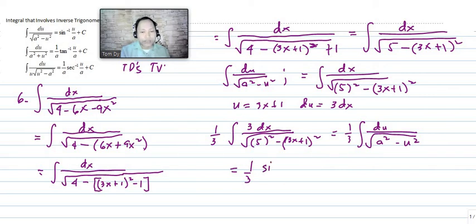So arc sine of u over a, our u equals 3x plus 1 over a, which is equivalent to, our a here is, sorry, this is supposed to be square root of 5, because that is 5, so square root of 5 squared. So, square root of 5, plus c. This is now our final answer.